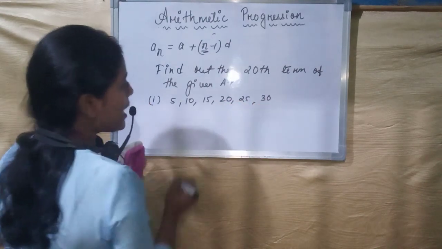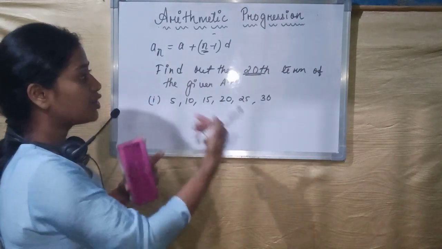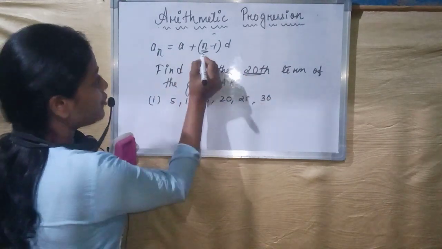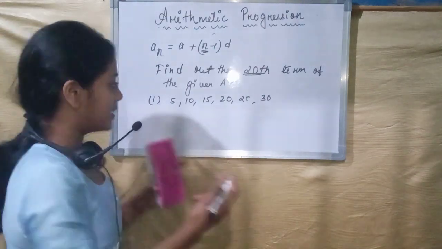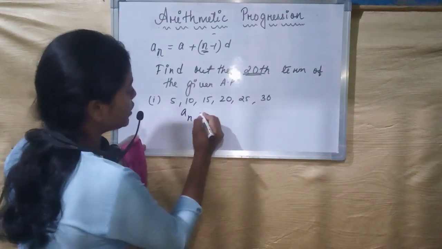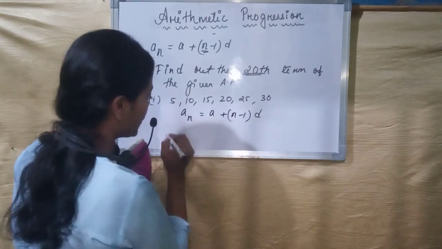Now I have been asked to find the 20th term. That means we need to find an, that is, what number is coming in the 20th term. So here an equal to a plus n minus 1 into d.